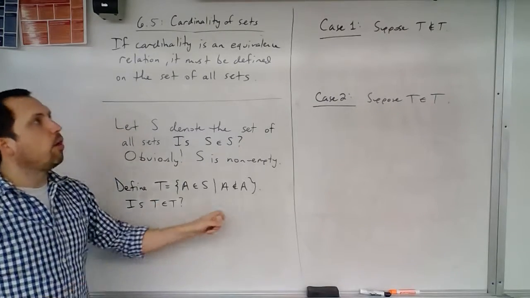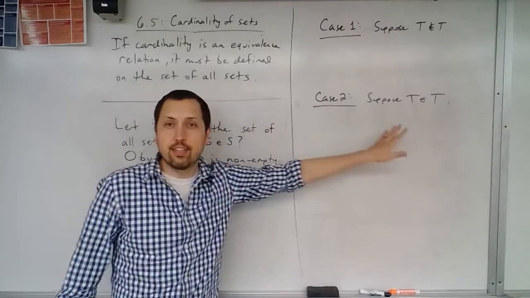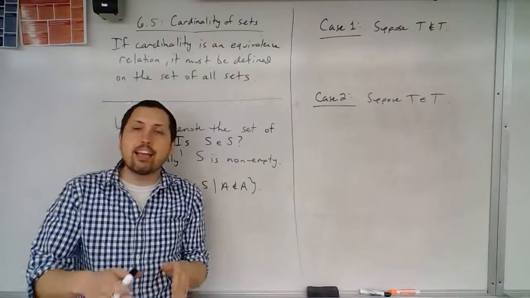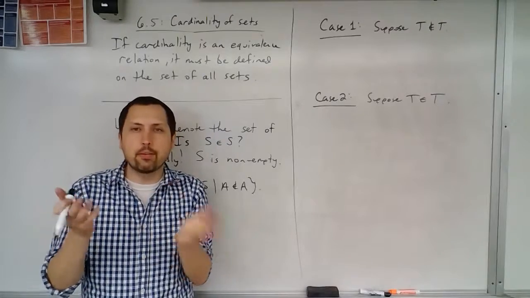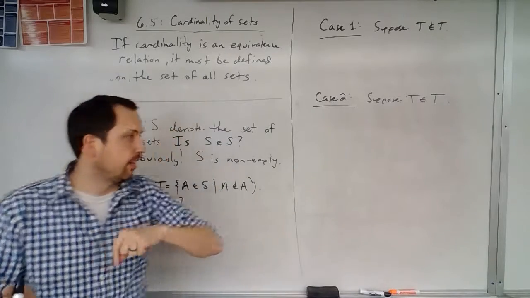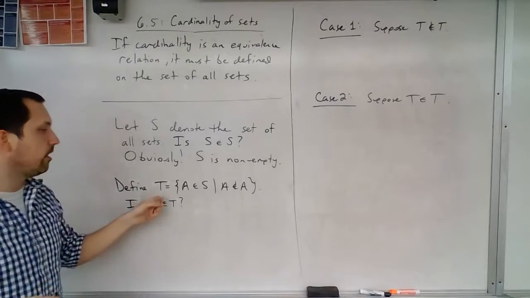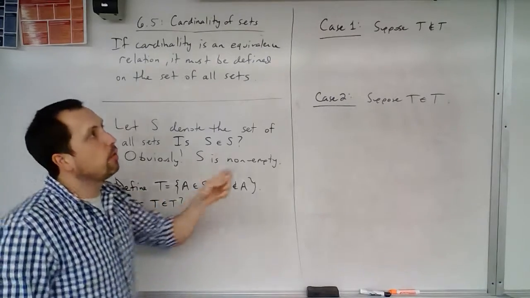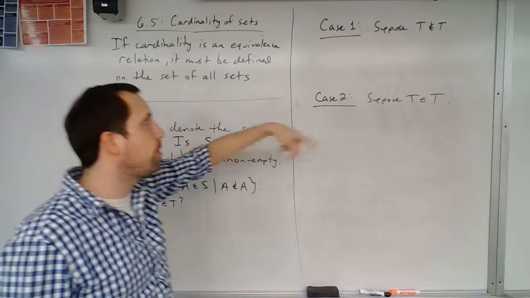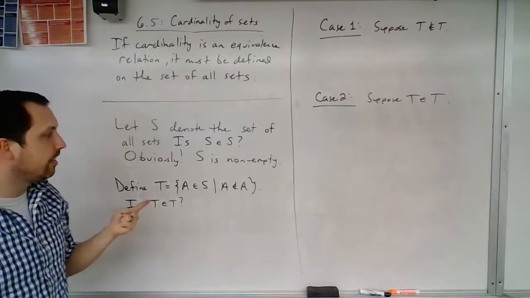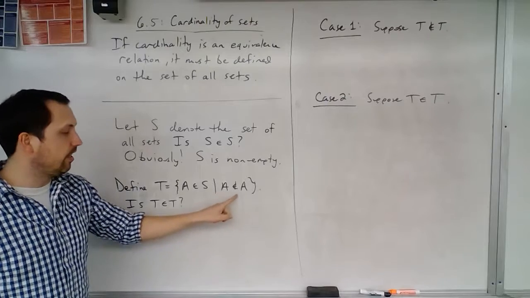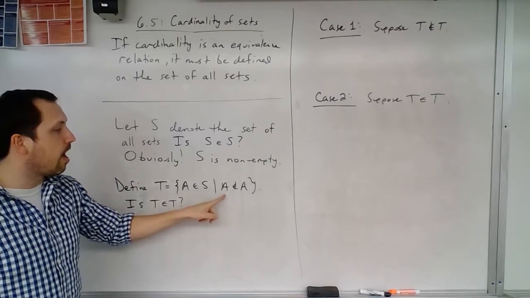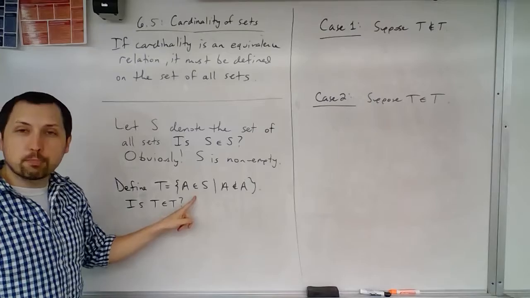All right. So we have two cases, because with sets, either something's in the set or it's not in the set. There's this very clear dichotomy. So is T an element of itself? Suppose that it is not. If T is not in the set T, well then by definition here, it must be in the set, right?